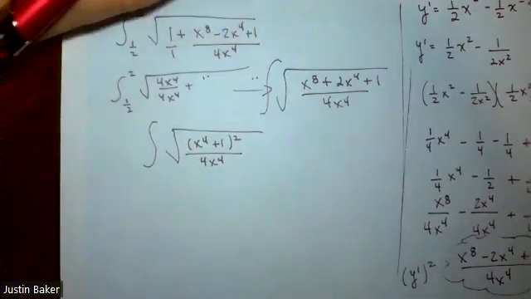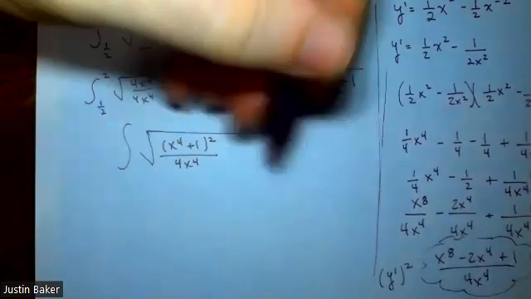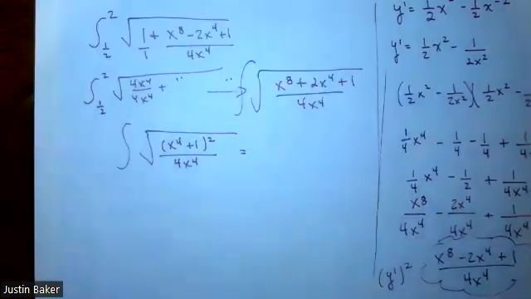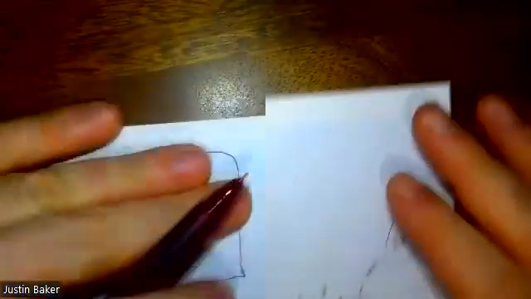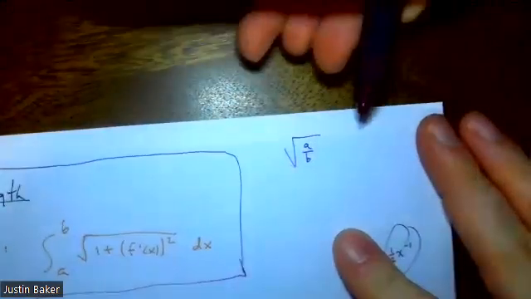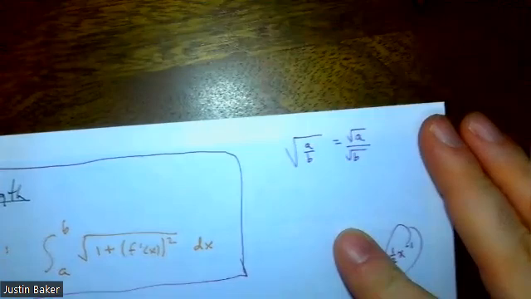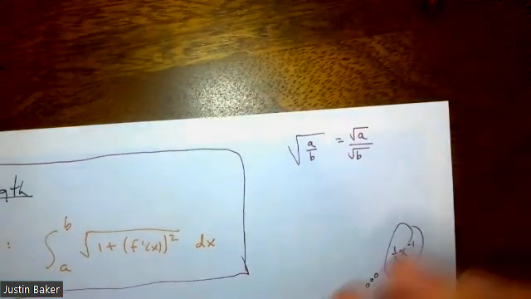Okay. Next step that I see, you can split a square root. In other words, if I tell you off to the side, the square root of a over b is equal to the square root of a over the square root of b. You can split those.